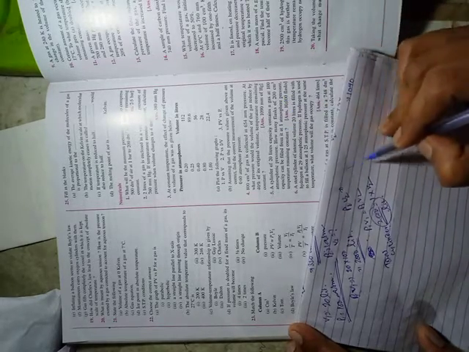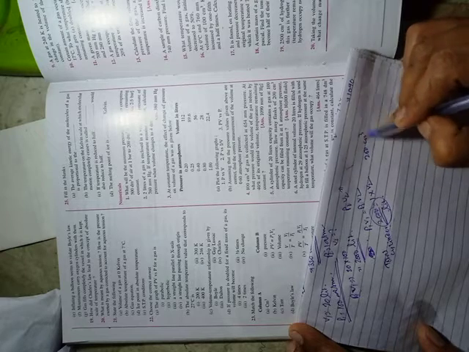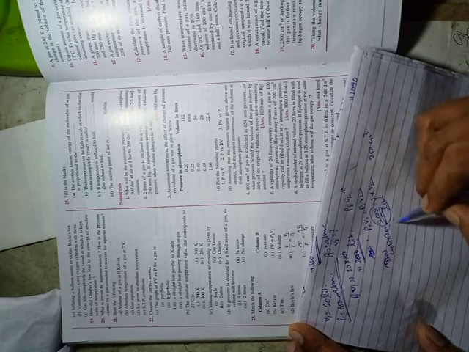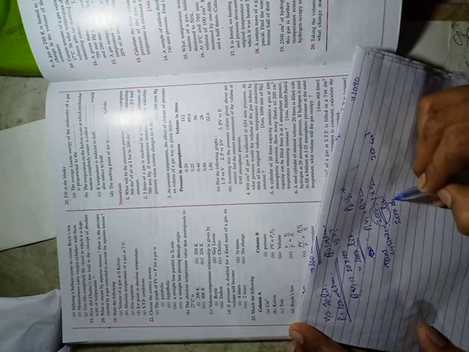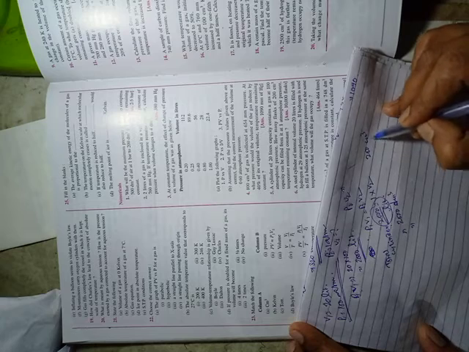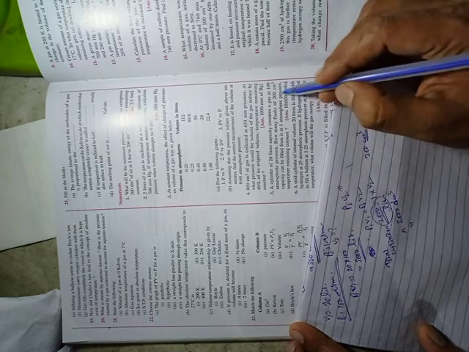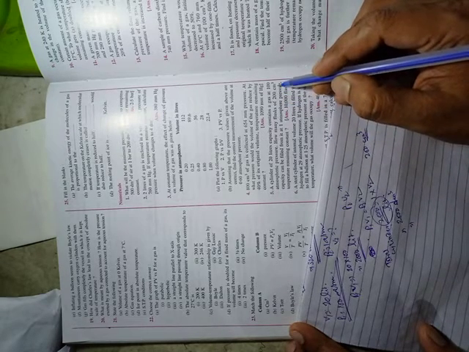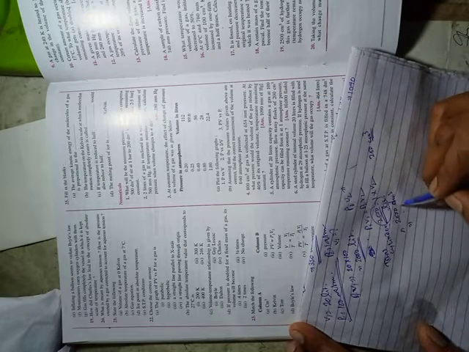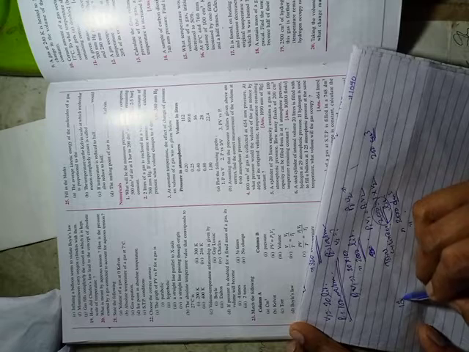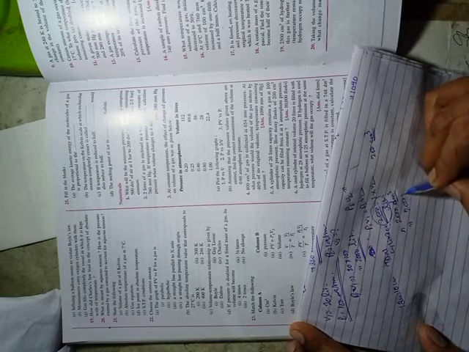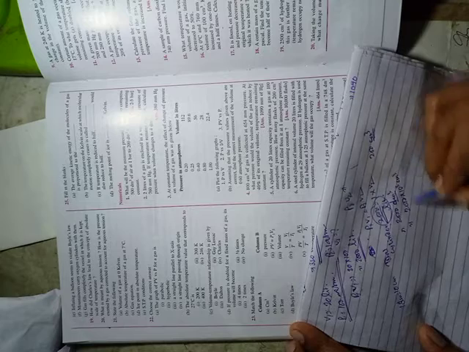How many flasks of 200 centimeter cube will be filled using this volume? So that means 2000 decimeter cube, and we need to convert to centimeter cube, because the flask value is given in centimeter cube but liter comes in decimeter cube. 1 decimeter is equal to 10 centimeter, that means 2000 into 10 cube centimeter cube.